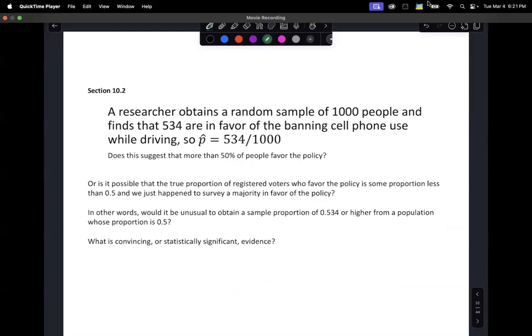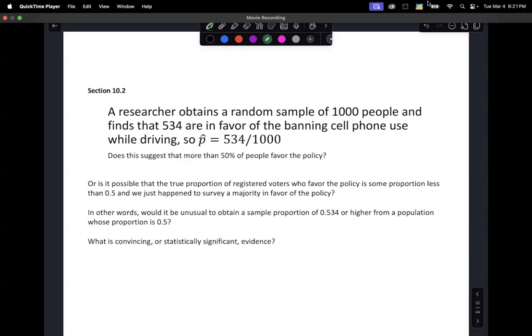Okay. So a researcher obtained a random sample of 1,000 people and found that 534 were in favor of banning cell phone use while driving. So what we want to know is, is it possible that the true proportion of registered voters who are in favor is less than 50%?